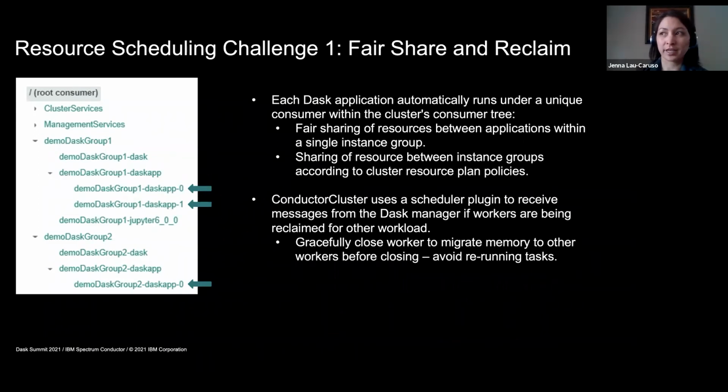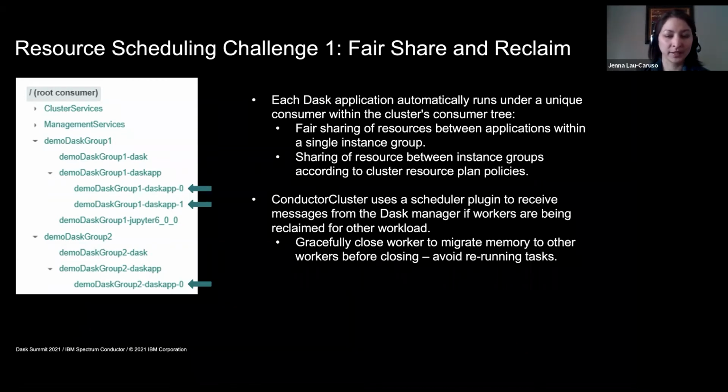So if you start one application and, say, it's taking all the slots that that instance group is allocated, later another application is started, the cluster will actually reclaim resources from the first application and give them to the second application so that they're distributed evenly. The sharing between instance groups, though, relies on the resource policy that's defined on the cluster. And so that may be fair share, or it may be skewed heavier to one tenant or another, depending on the requirements.